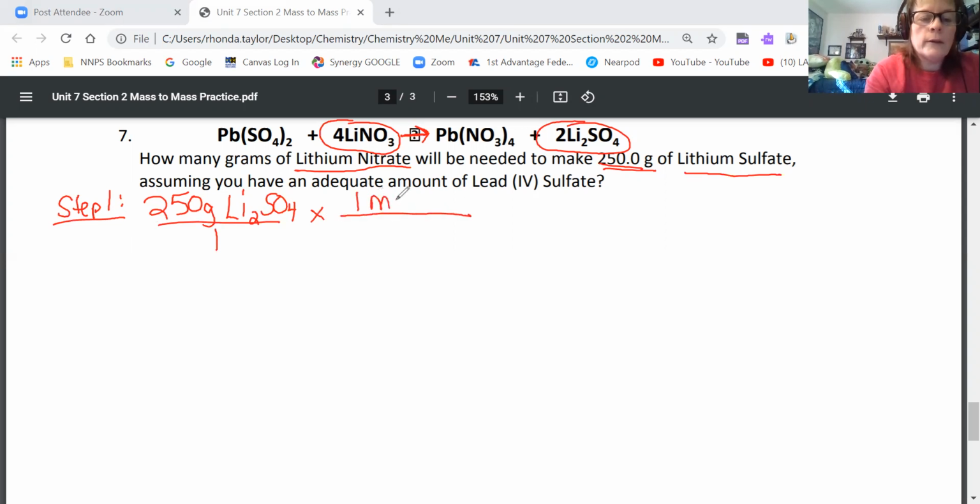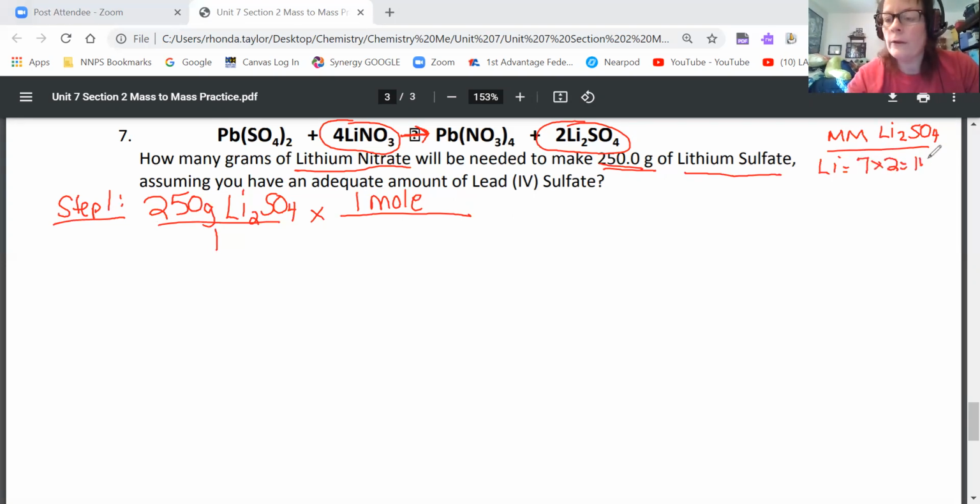So we got to figure out how many grams in 1 mole. So let's do our molar mass of Li2SO4. Lithium, we said, had an atomic number of 7, and we have 2 of those, so that's going to give 14 grams. We have sulfur, which has atomic mass of 32. And we have oxygen, which has an atomic mass of 16, and we have 4 of those.